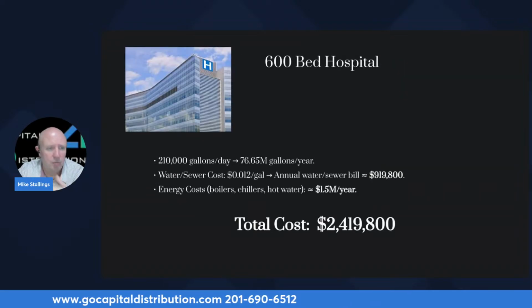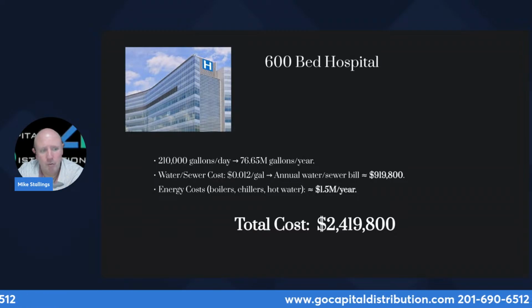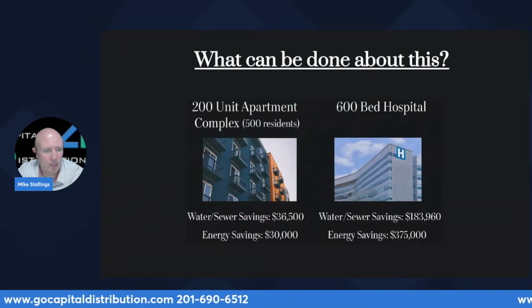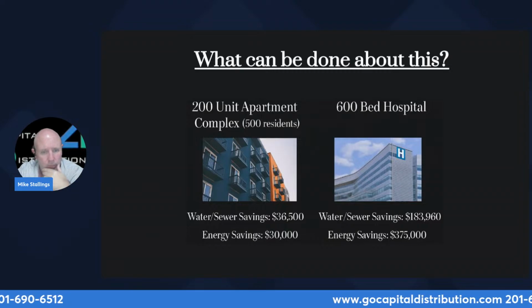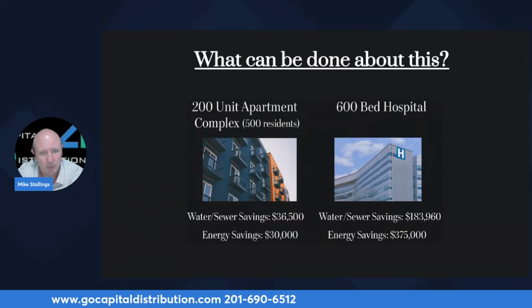As another example, a 600-bed hospital has a much higher water sewer bill and energy usage, with a total cost of about $2.4 million. What if there was a way to reduce both of these by up to 20 to 25% and take advantage of the 179 and the 0% interest rate at the same time?